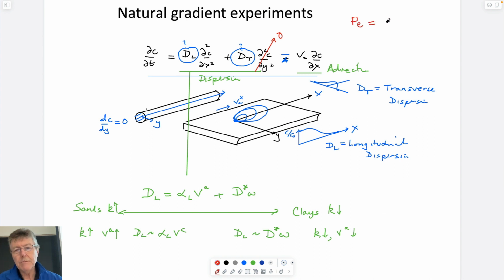One is called the Peclet number, which is an advective flux over diffusive, or dispersive, flux. In terms of our problem, advection is velocity times length, and dispersion or diffusion would be our D sub L, longitudinal. And the other term was a Courant number.